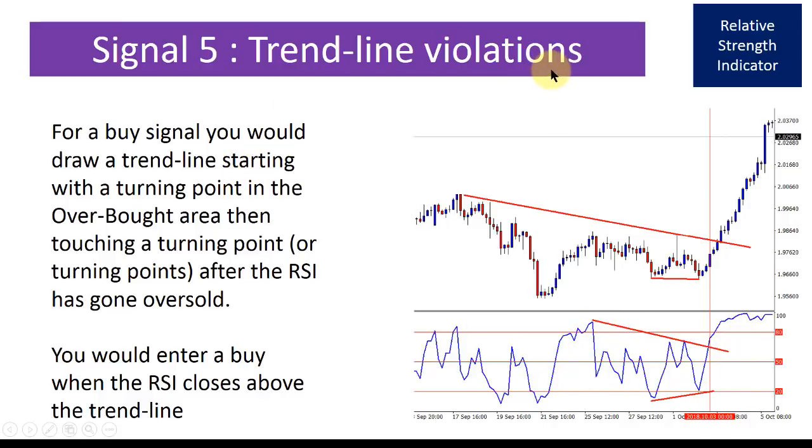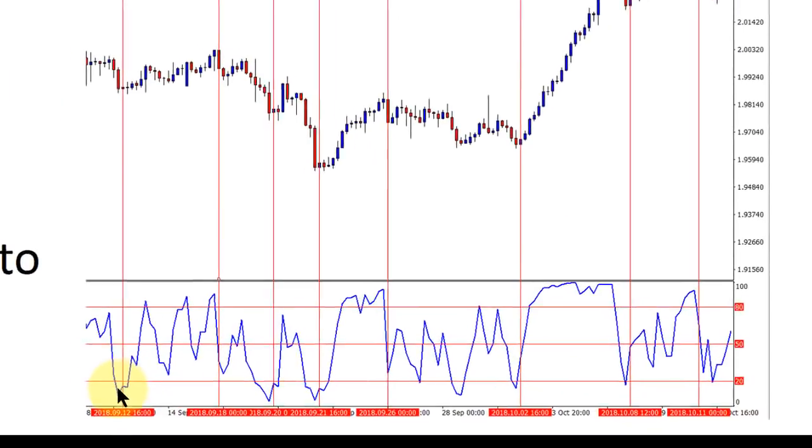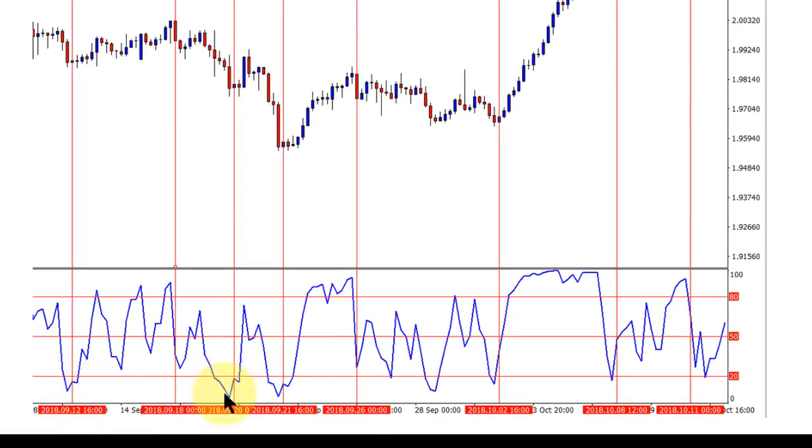So the trend line violation is another technique that you can go and experiment. Then there's the hook version, and quite honestly, this is just a refined version of the overbought and oversold signals, and basically it just says that if you get a sharp hook, then the signal has more value than a soft hook, and that's what I would call almost a non-existent hook.